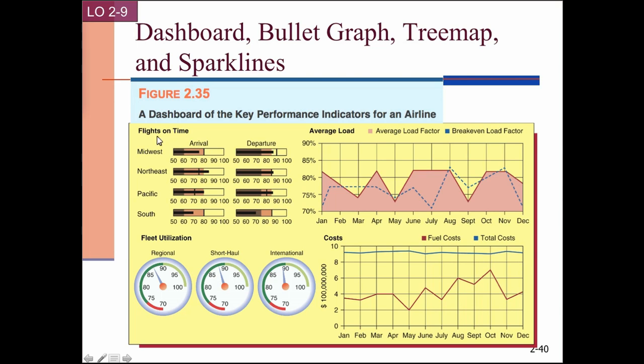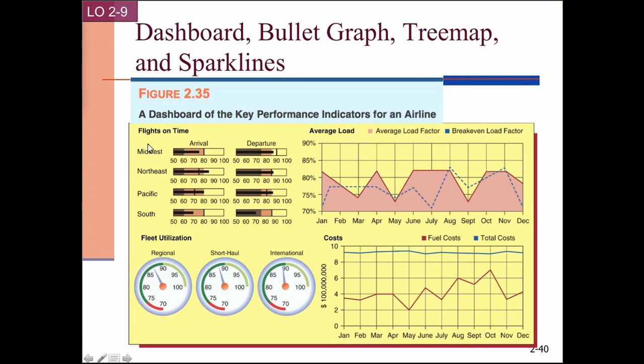So they have those charts for different types of flights, and there's an objective for their goal. See this thick vertical line. They want the arrival time, summarized over all the flights, maybe over the year, to be at least 80% on time. The other one, departure, at least 90% arriving on time.